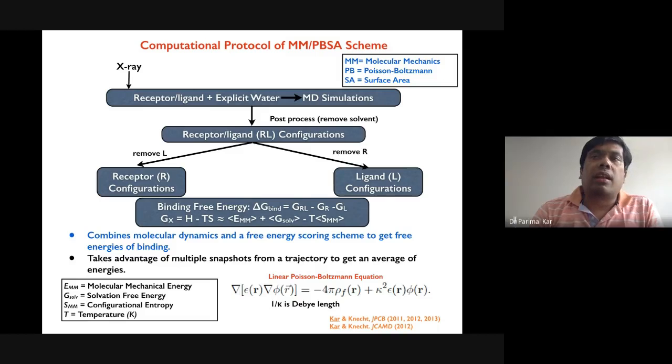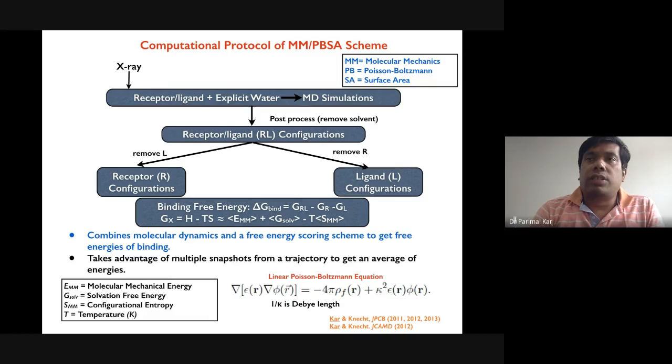You can generate receptor, ligand, as well as the complex. Okay, now we use very simple thermodynamic equations to calculate the binding free energy. So delta G bind, that is the binding free energy, you get it by subtracting the free energy of receptor and ligand from the complex.